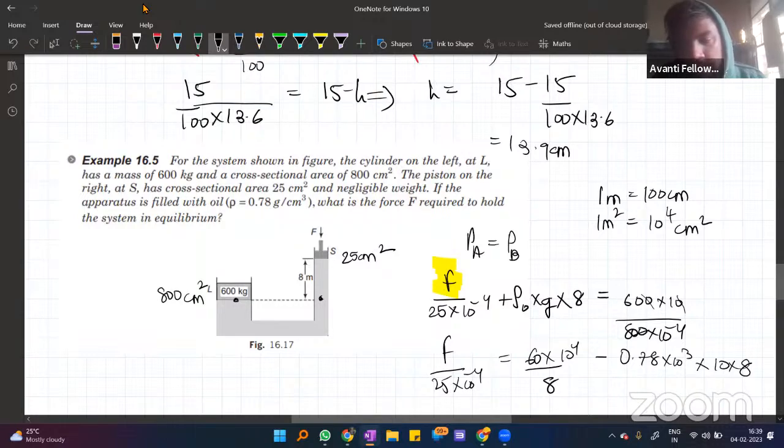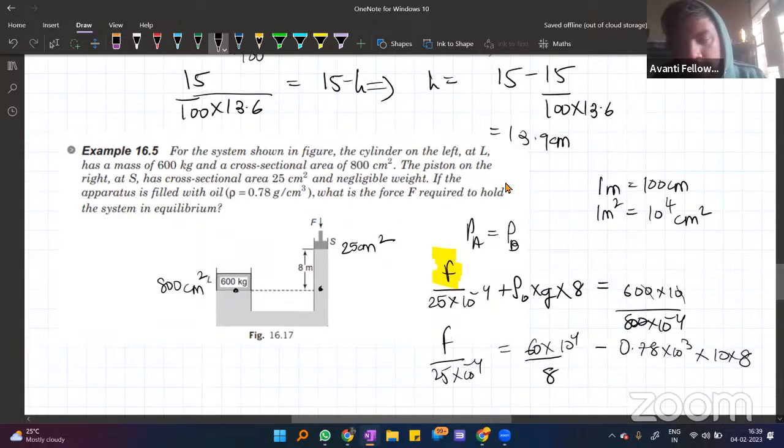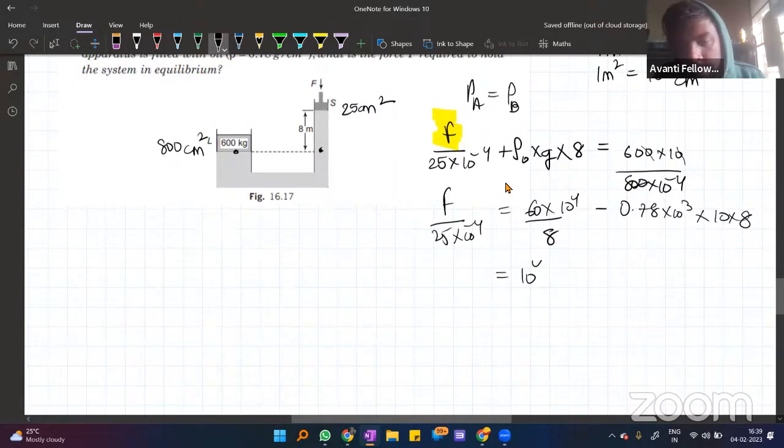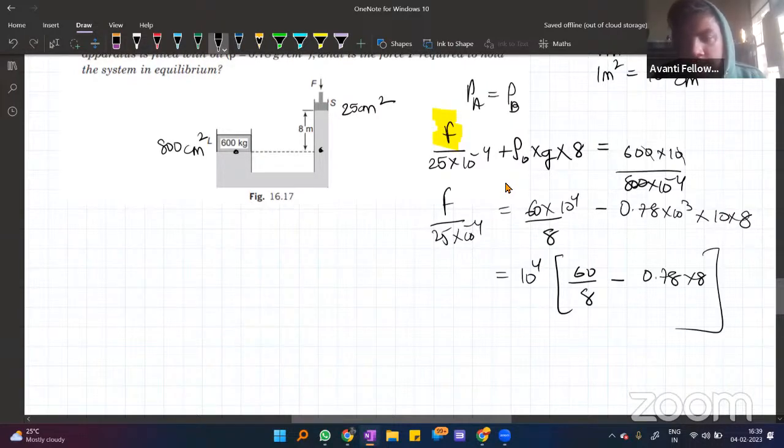So 10 to the power 4 will get common. We are left with 60 by 8 minus 0.78 into 8. To solve this, you'll get your answer.